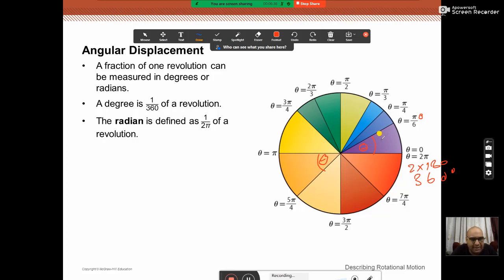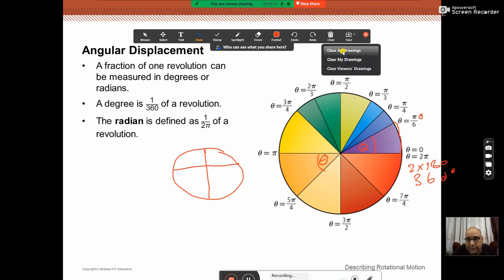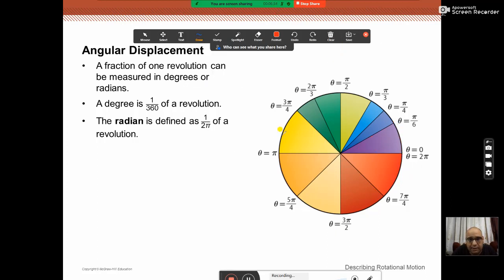But if we need to find the displacement, this arc, we have two ways. Okay, we're going to draw a circle. Here's the diameter, and here is another diameter. It's not a circle at all, but I hope you understand.